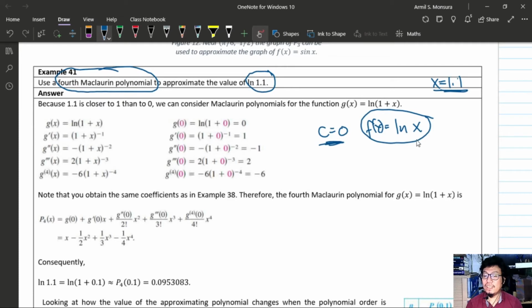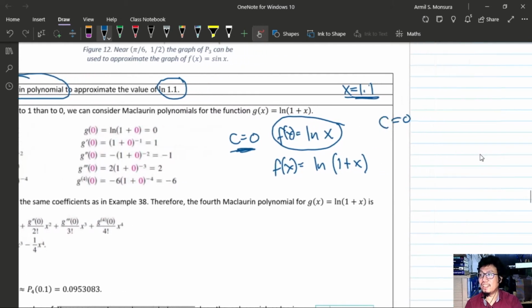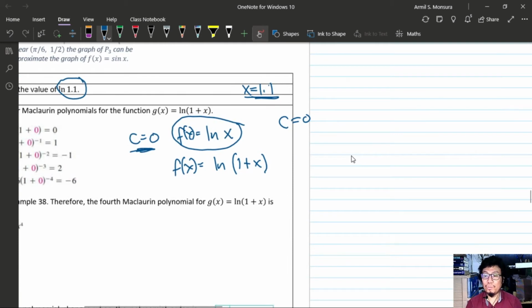So instead of using that, let's use f of x equals ln of 1 plus x. We'll use the natural logarithm of 1 plus x, so that although the center is still 0, at least we would be working around ln of 1 plus 0, or ln of 1, which is very close to ln of 1.1.